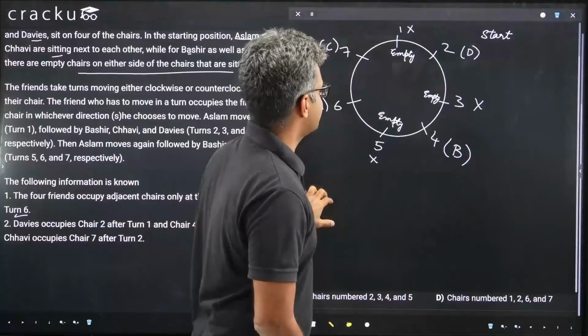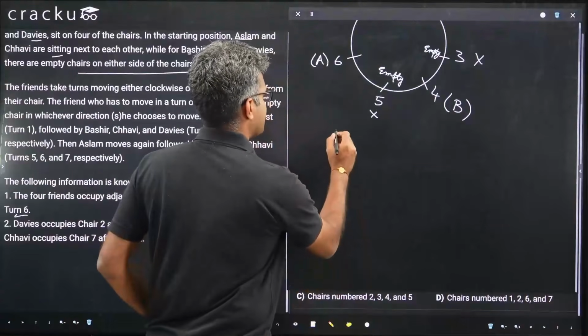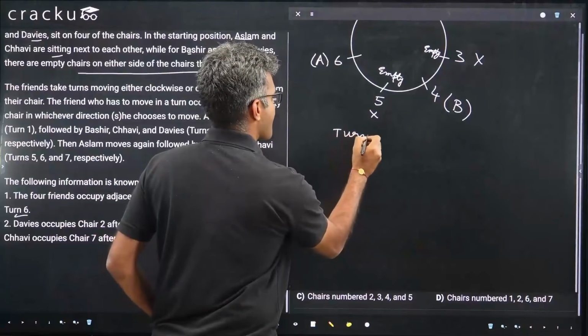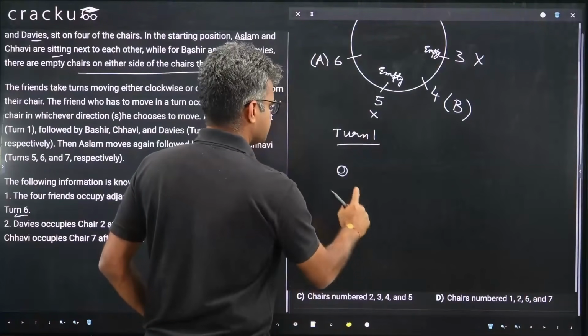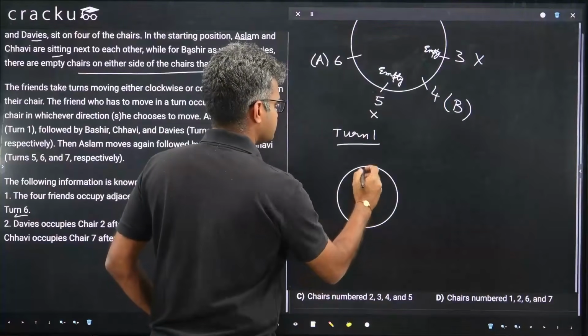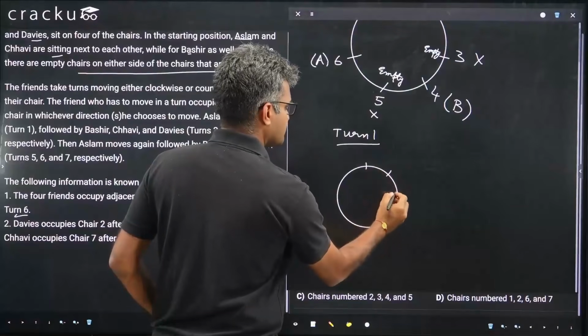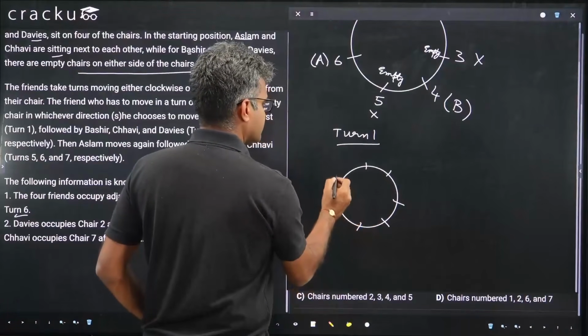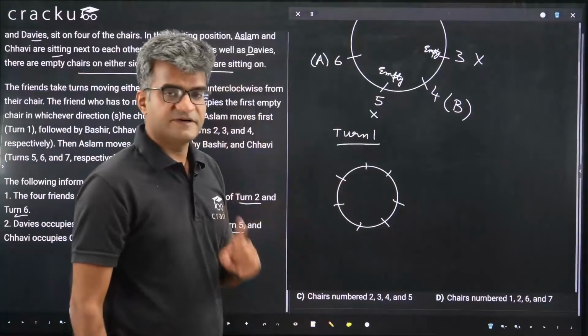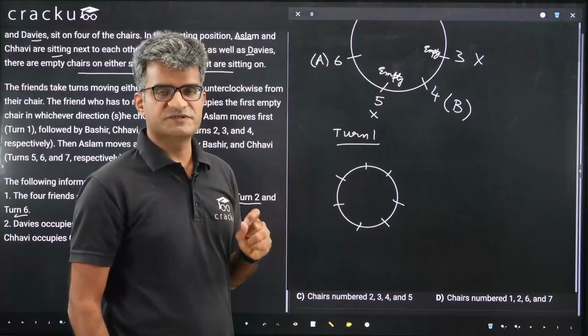Now who moves after turn 1? This is after turn 1. Let me draw a circle. We have 1, 2, 3, 4, 5, 6 and 7. In the first turn, only A moves.